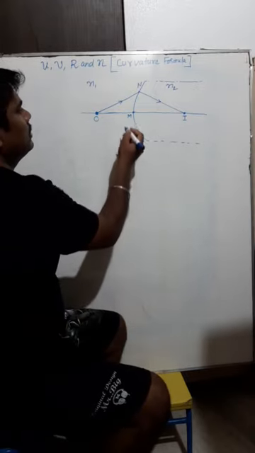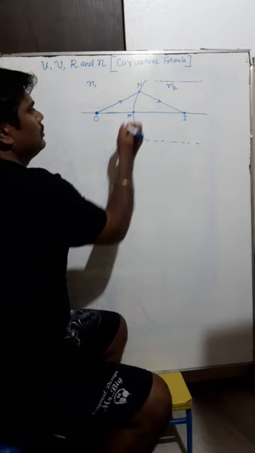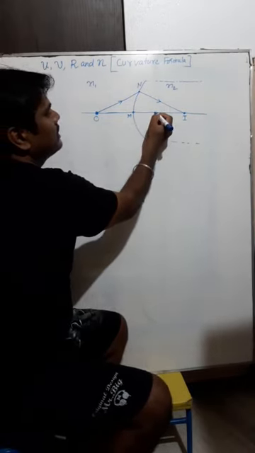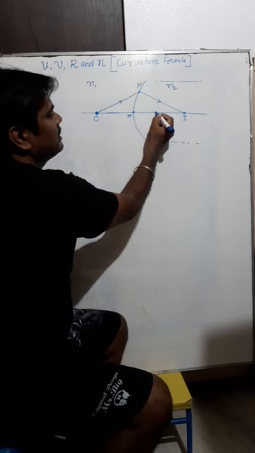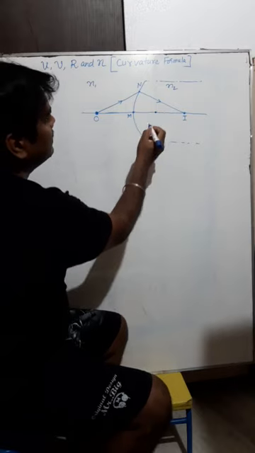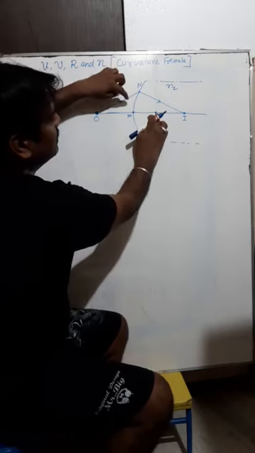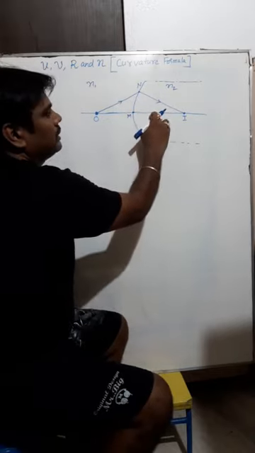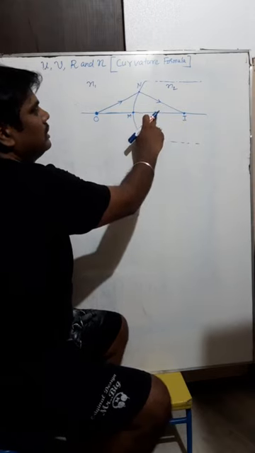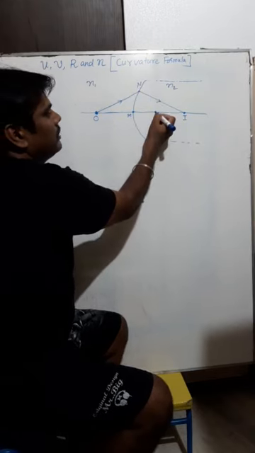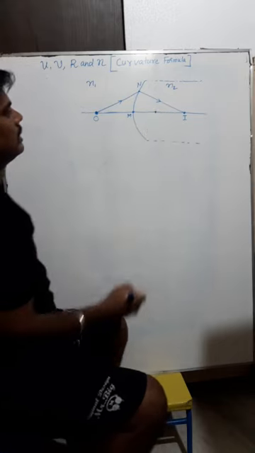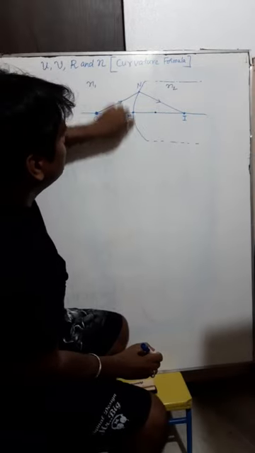Now from this point one should represent a normal. To represent a normal, we have to consider the center of curvature. This is the point where we consider the center of curvature. Why does the center of curvature come here? Because the center of curvature is a part of this sphere, and this curvature is a part of this sphere.